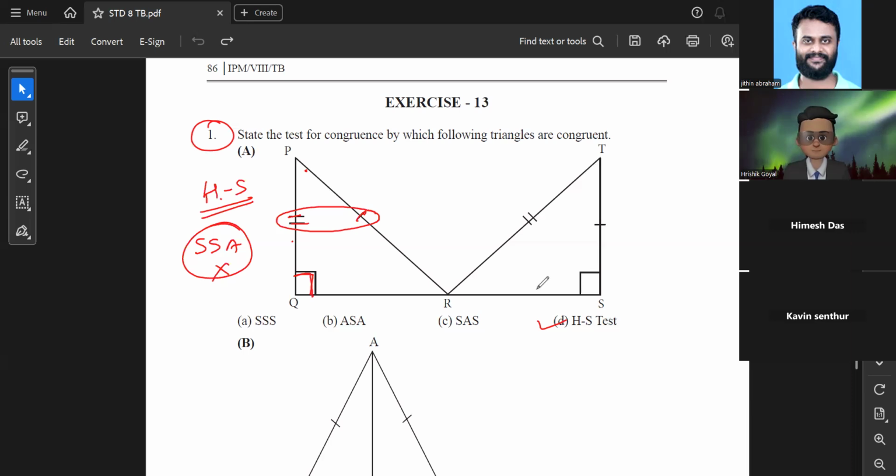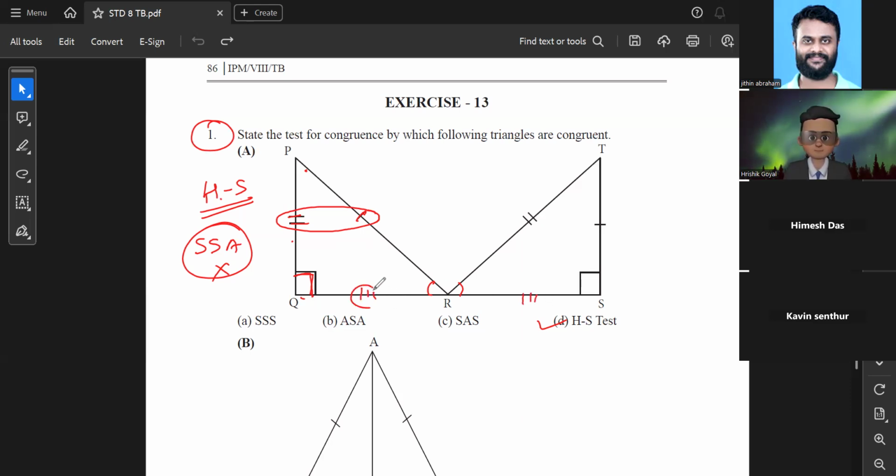Sir, I have a doubt, sir. If the angle QRP and angle SRT were congruent, then would it be SAS test? If it was QRP and SRT, they were congruent, then you would have had to prove that this side is also congruent to this side.